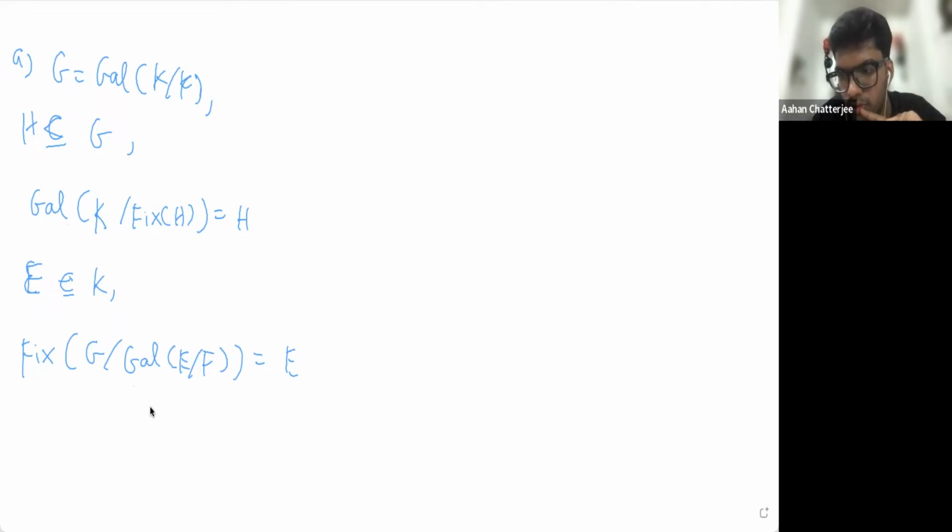So what K over Fix(H) represents is the set of cosets.